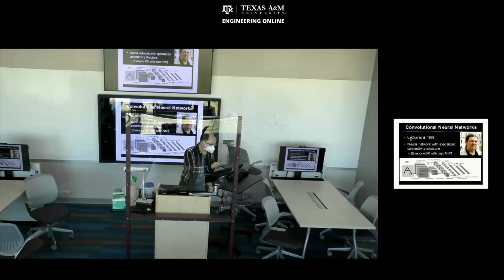Okay, Yann LeCun. If you know about the history of convolutional neural networks, you know that this is the so-called LeNet. It starts with the input image, but what you do is not like MLP, which is a dot product. You're actually doing a convolution. Then you keep subsampling and convolution. In the end, you have a fully connected readout.